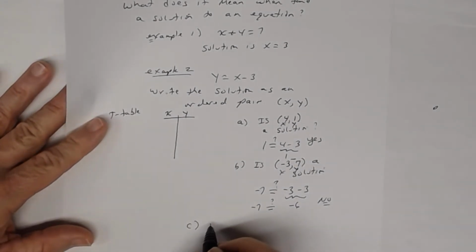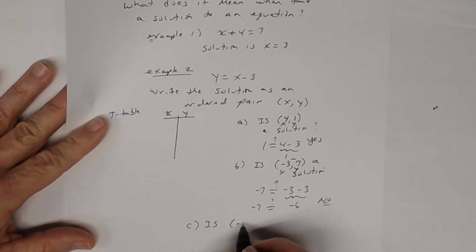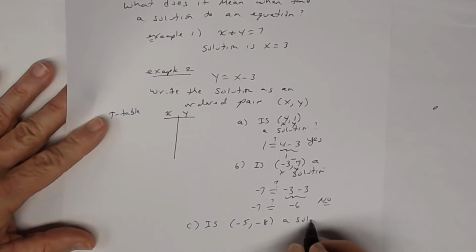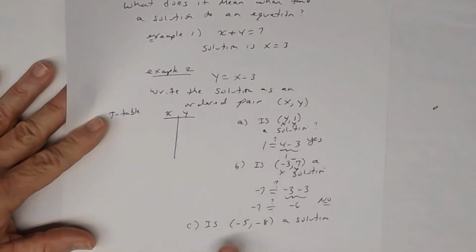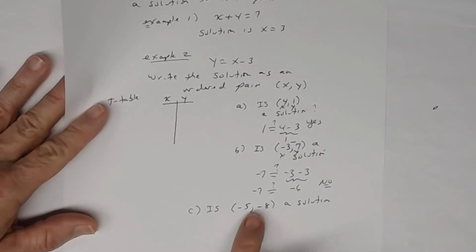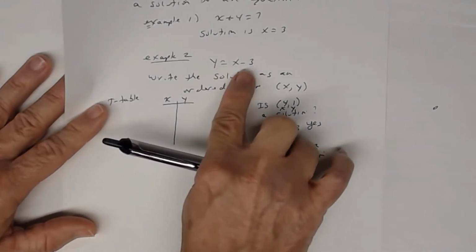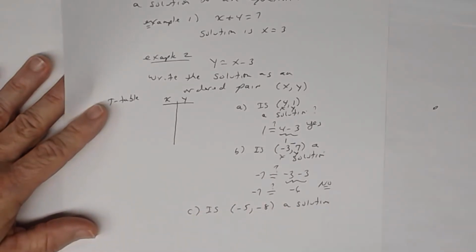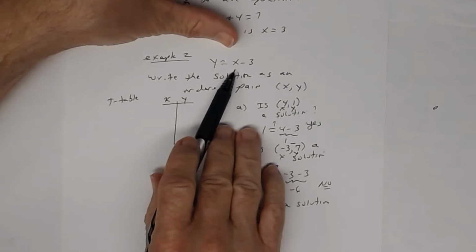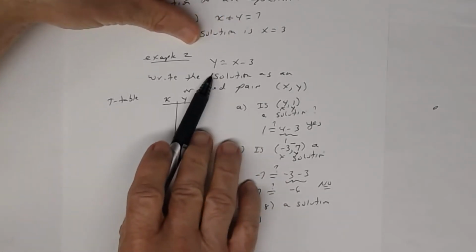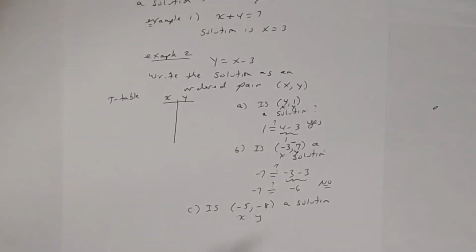So is the ordered pair (-5, -8) a solution? All right. So an ordered pair is a solution if when you substitute the values into the equation it is a true statement. So this is x, this is y. So in place of x, I substitute negative 5, and in place of y, I substitute negative 8. Okay?